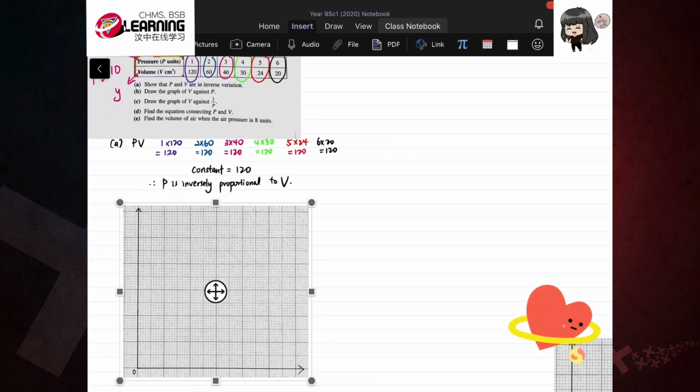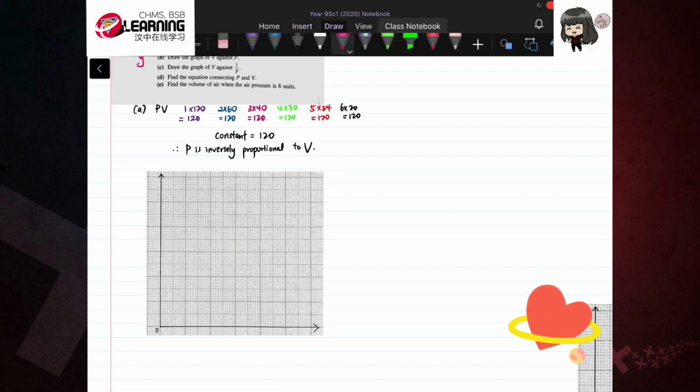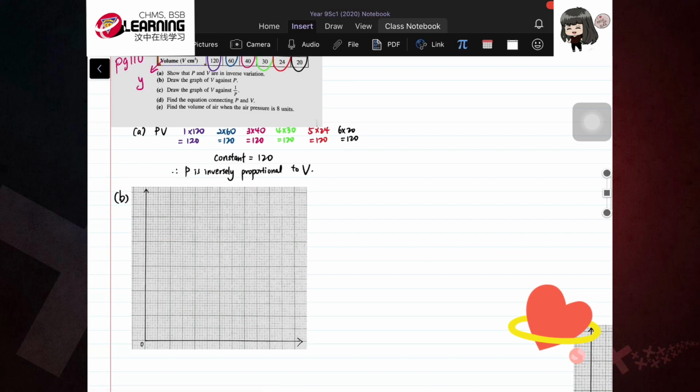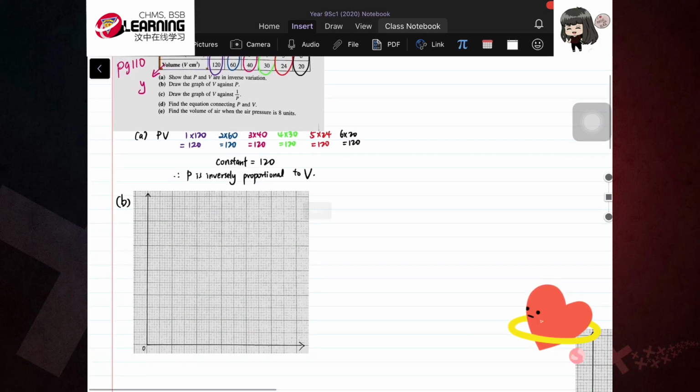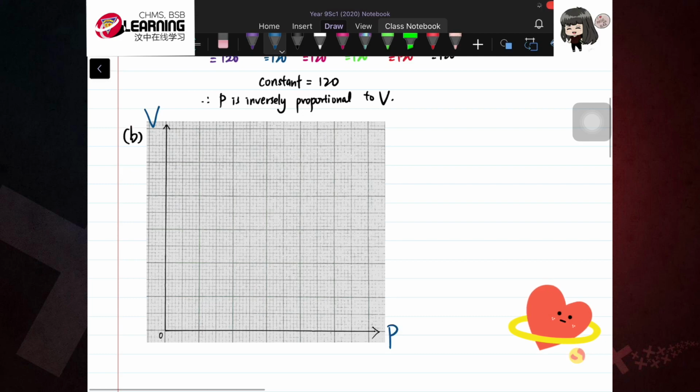I prepare my graph here. Let's label. Part B, V against P again. We label V and P: V is on the y-axis and P is on the x-axis.